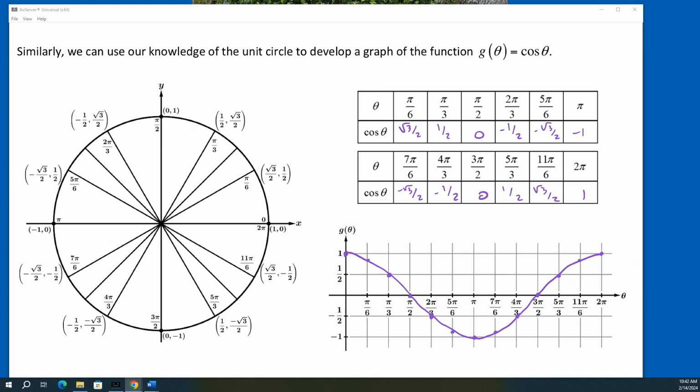All right, so that is what one period of cosine of theta is going to look like.